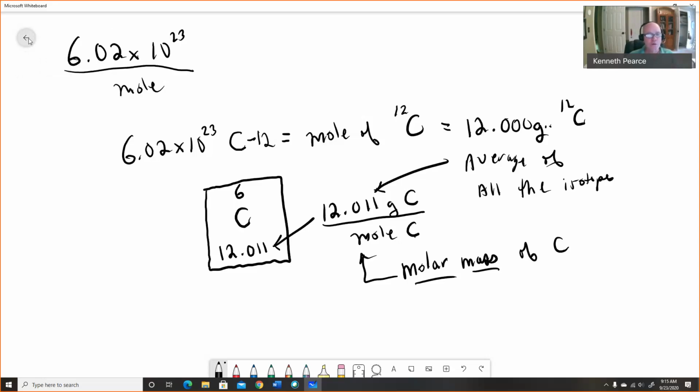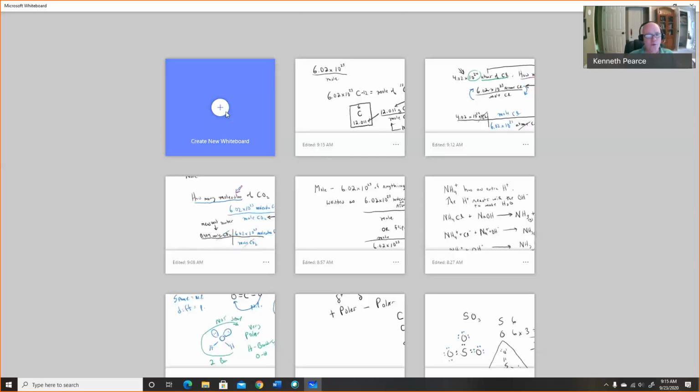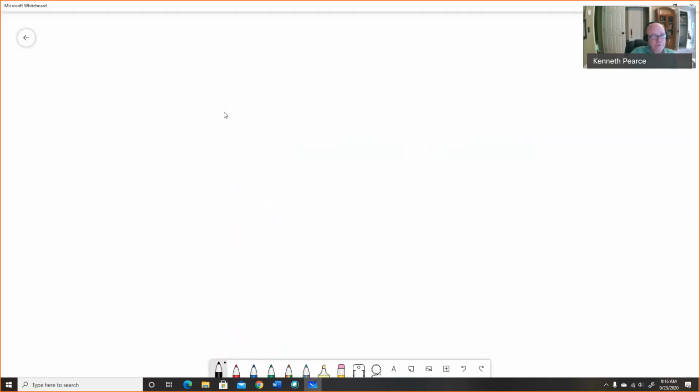All right, so what are we going to do with this now? And so we have keywords. First off, let's go ahead and put the 6.02 times 10 to the 23rd per mole. And this is whenever we see atoms or molecules.